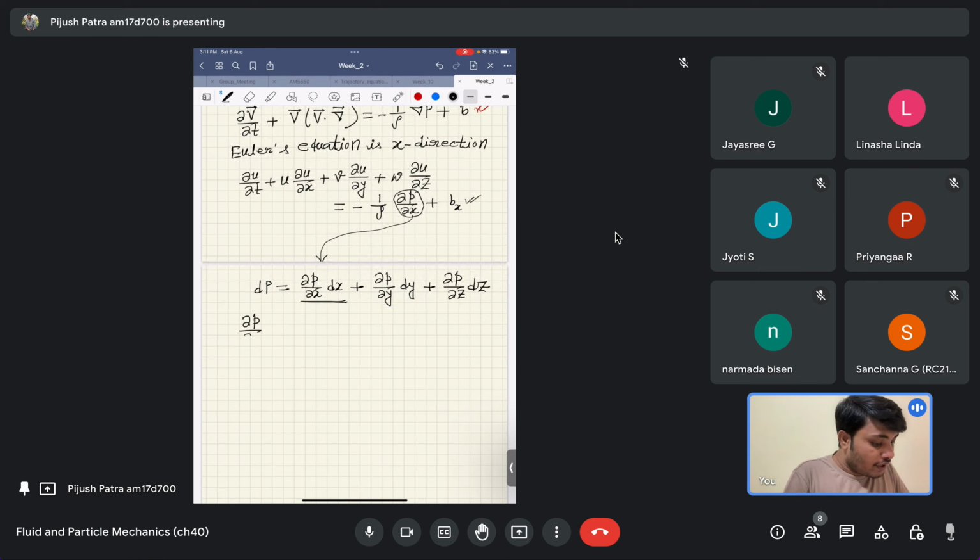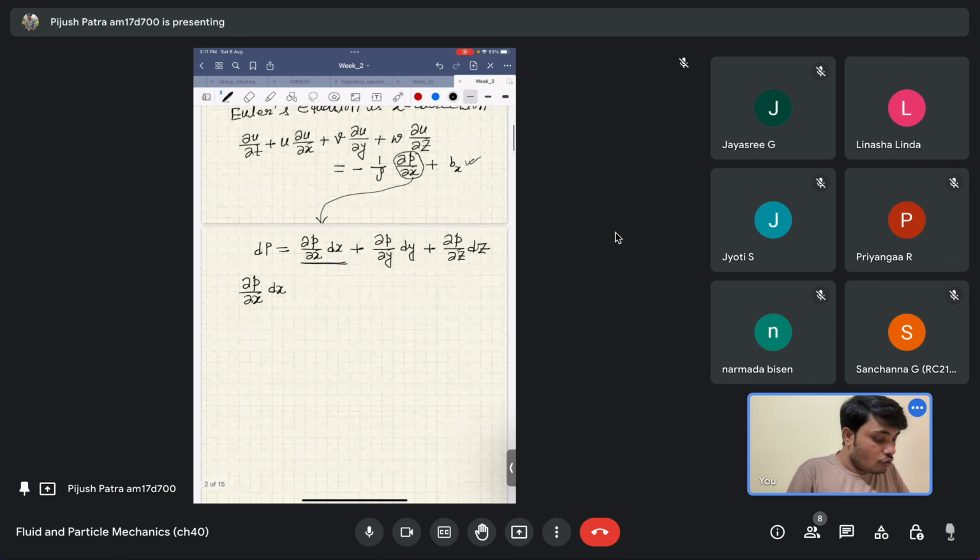∂p/∂x into dx, what will be this? ∂p/∂x into dx will be minus rho into this entire term on the left hand side.